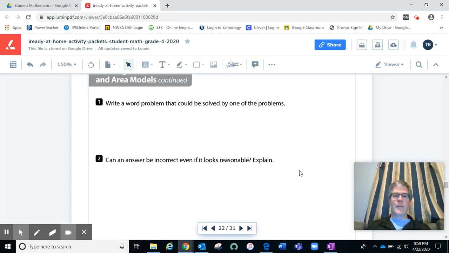But think about if our estimate is close to what our solution is, but our solution is still incorrect. Is that possible? Think about that and try to put it in your own words why you think that may or may not be. And I'm looking forward to seeing what solutions or what arguments you come up with.